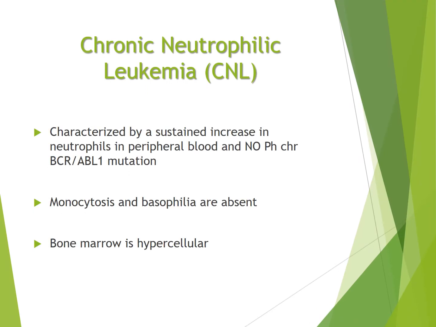The next MPN is chronic neutrophilic leukemia. It's a clonal disorder in which the hyperproliferation of neutrophilic cells in the bone marrow produces a sustained neutrophilia in the peripheral blood and an enlarged liver. So CNL has to be differentiated from CML based on the absence of the Philadelphia chromosome and the BCR-ABL fusion gene, as well as from a reactive neutrophilic process.